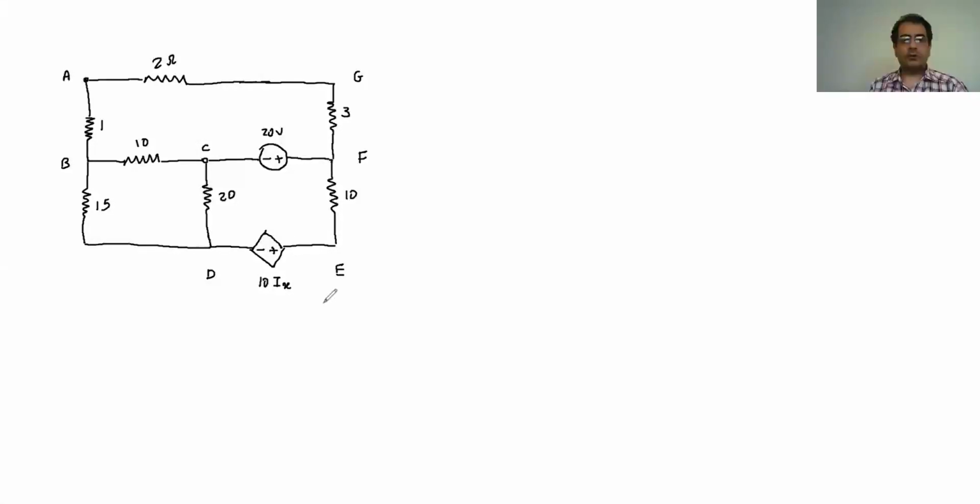Otherwise, if we cannot put the one end of the battery at the reference, we have to use the super node. So these are the two ways that we can handle the battery. Either we have to use the super node, or put the reference at one end of the battery.